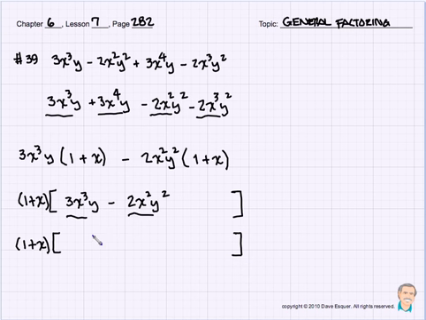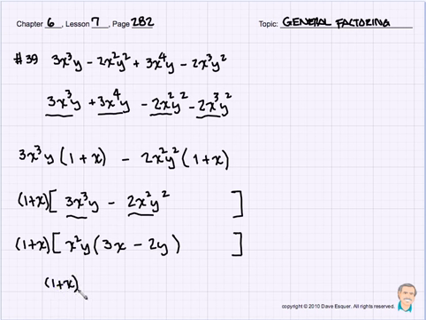We could factor out from each of these two terms an x squared y. And that would leave us with a 3x and a minus 2y. So we had to factor something out twice, I think, so we can make this nice and clean. So let's close our parentheses.